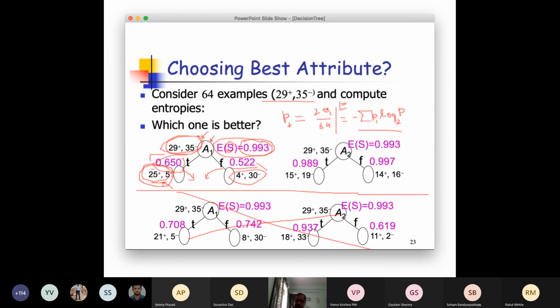If entropy is zero, given any training example, I can immediately say, because all are positive, I know this, all are positive. That information is sufficient. Only that information you need to know.